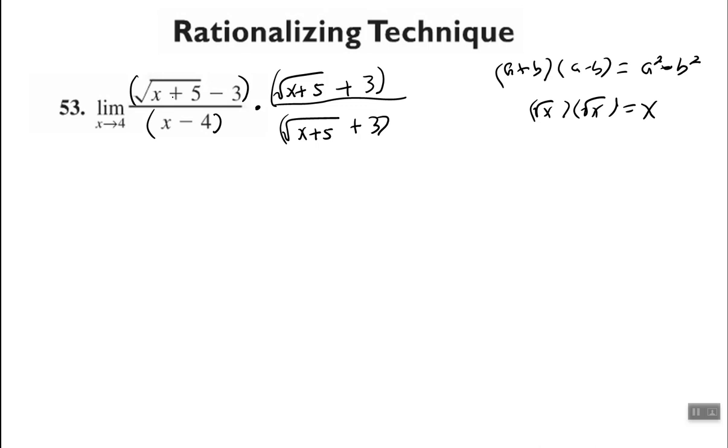So the square root of x plus 5 squared is x plus 5. So let's just write that out. So x plus 5 squared minus 3 squared.